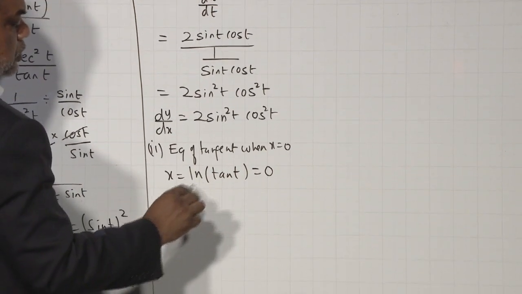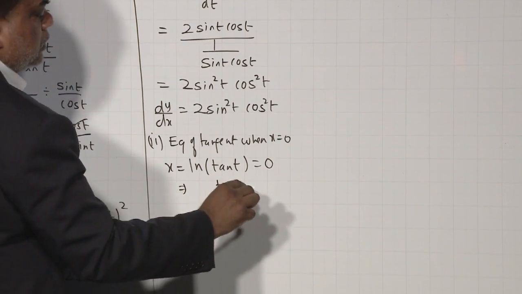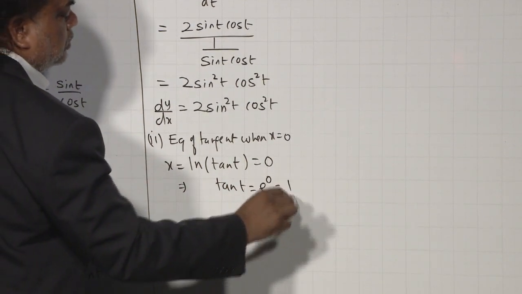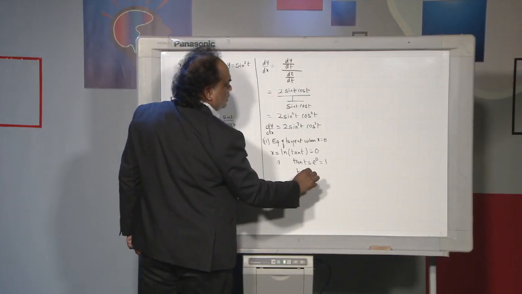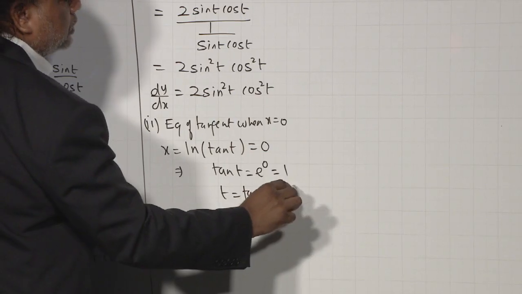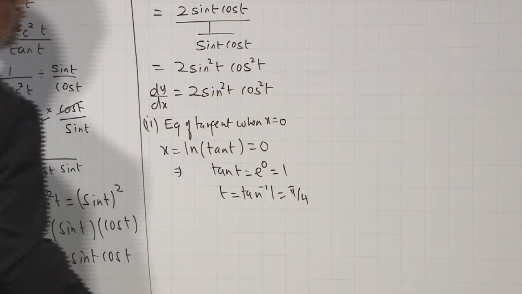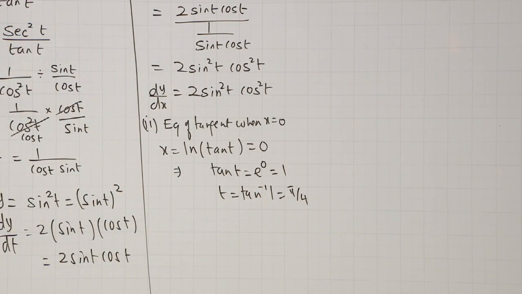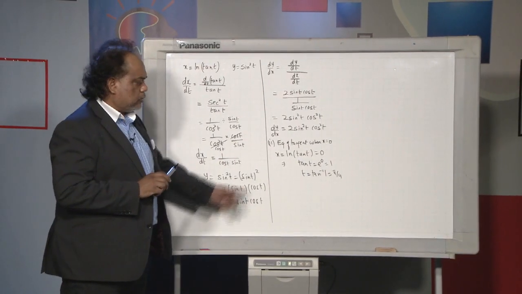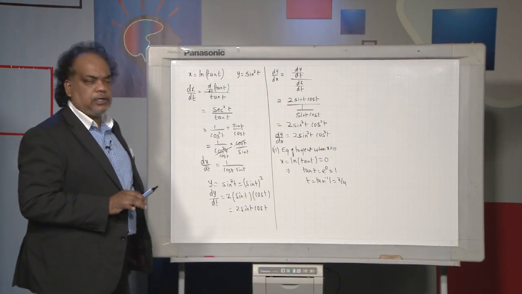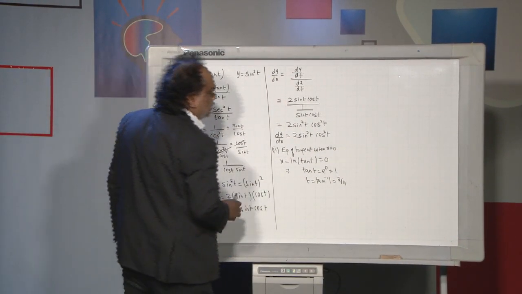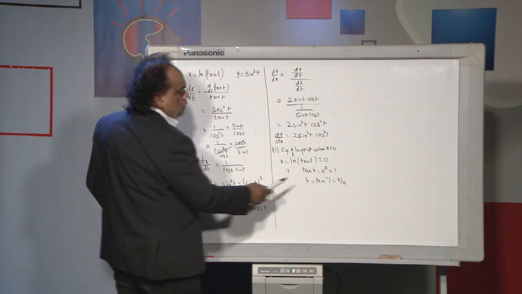So, removing the ln, exponential 0 gives us 1. T is equal to tan inverse 1, which gives us pi by 4. Remember, the angle is in radian, always in radian when you integrate and differentiate. So when I integrate or differentiate, the angle must be in radian always. So t is equal to pi by 4.